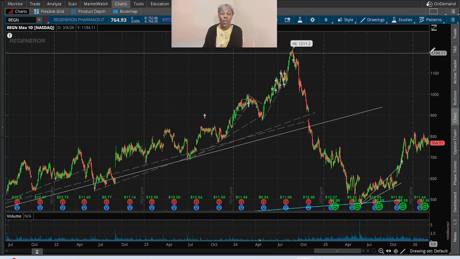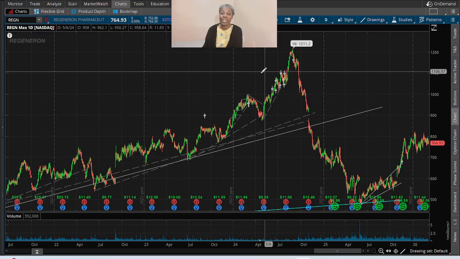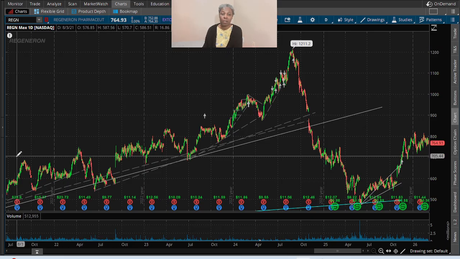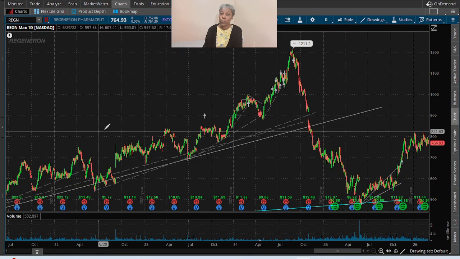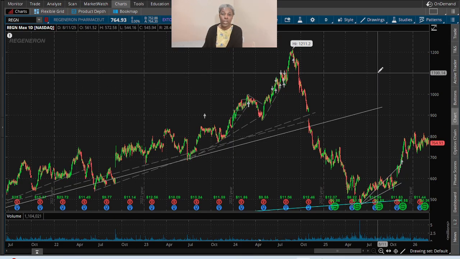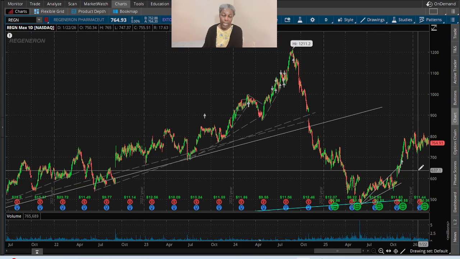So I'm nowhere near close to selling it, because it's going to make those peaks multiple times for a few years before it will be ready to go back down again.